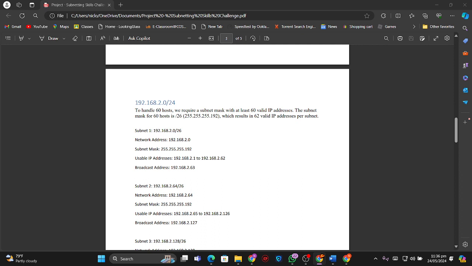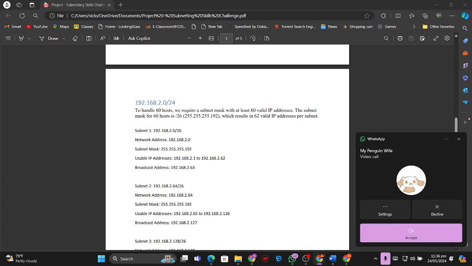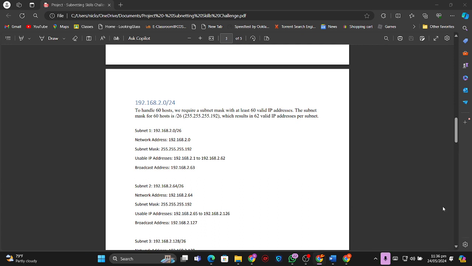To support at least 60 hosts, we need a subnet mask that provides at least 64 IP addresses, 62 usable: a /26 subnet mask of 255.255.255.192, which gives us 64 IP addresses.